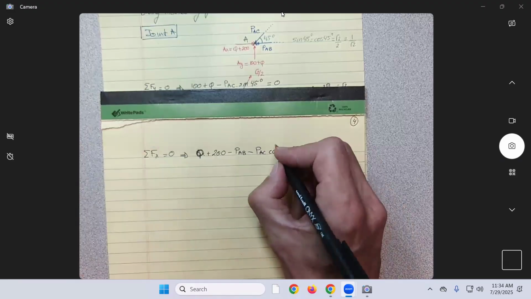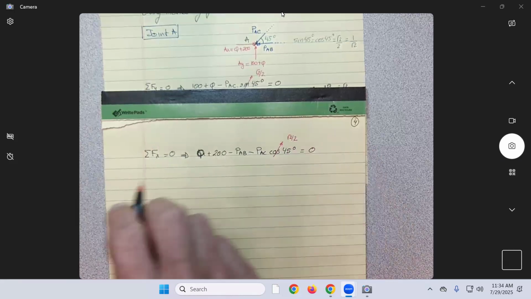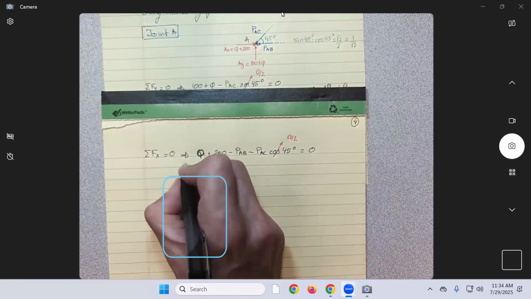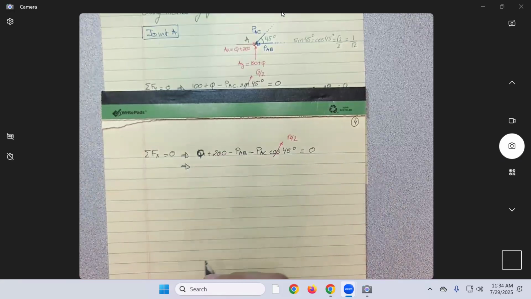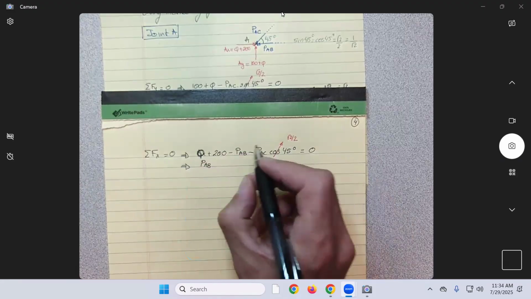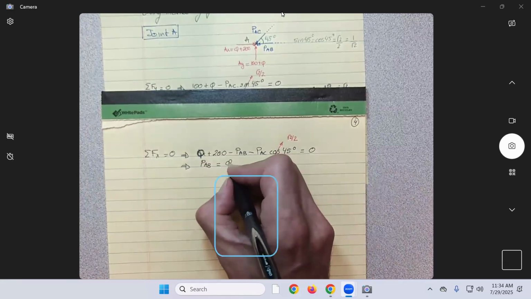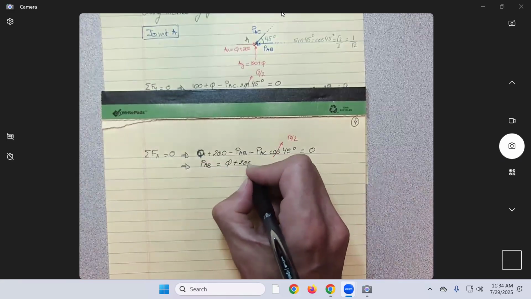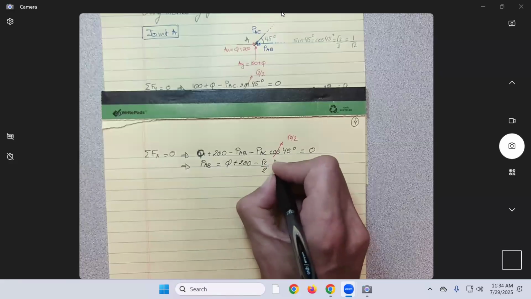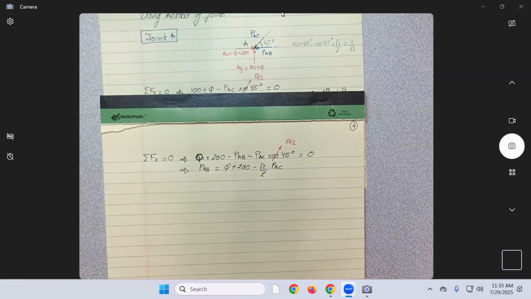So again, we say that the cosine 45 is square root of 2 over 2. So let me just rewrite. I could rewrite this as PAB will be equal to what? Q plus 200 minus square root of 2 over 2 PAC.